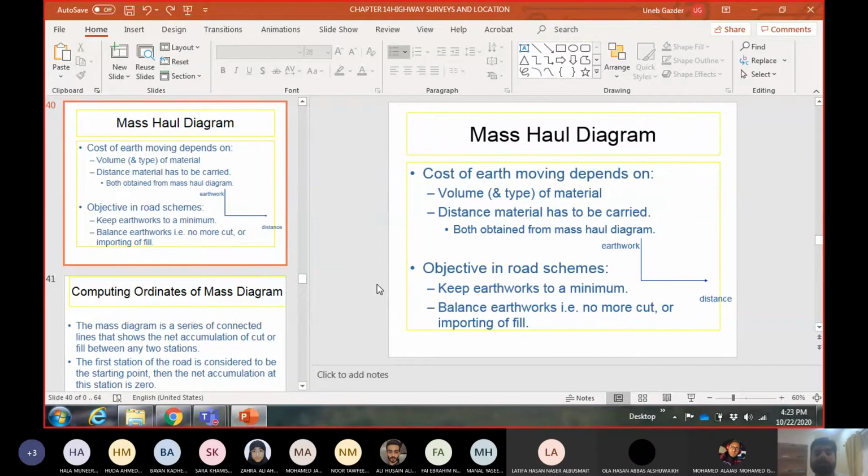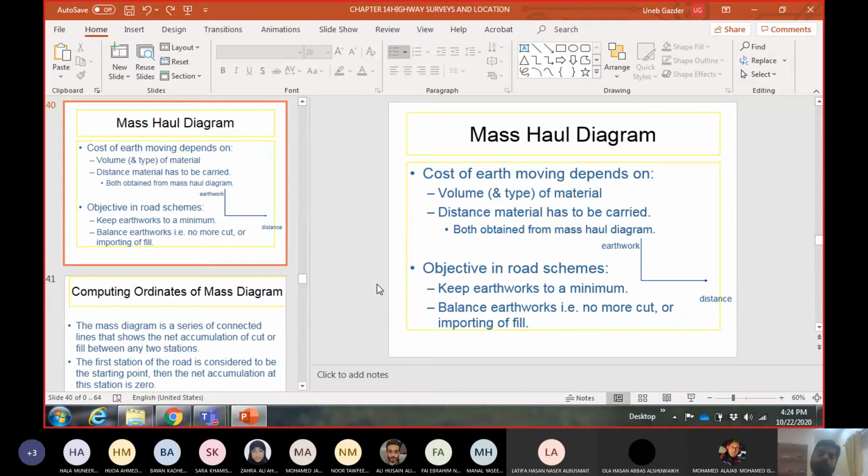Who can design the road where fill is exactly equal to cut? We have other things to worry about, right? So we try to attain balance, but there will be some imbalance as well. There will be some extra cut material or some extra fill material, but we try to minimize this extra material as much as possible.